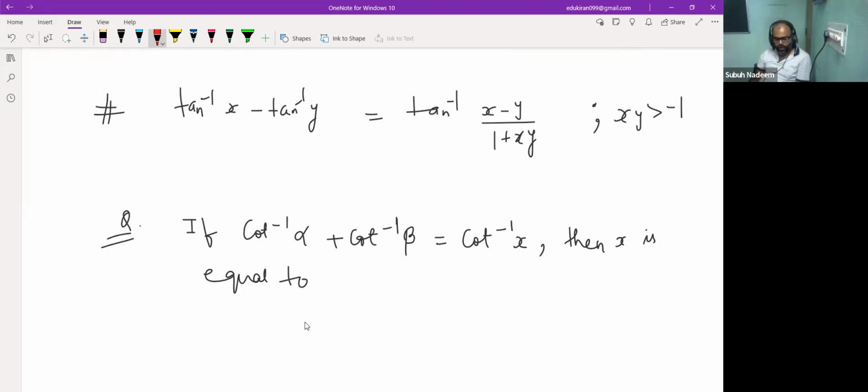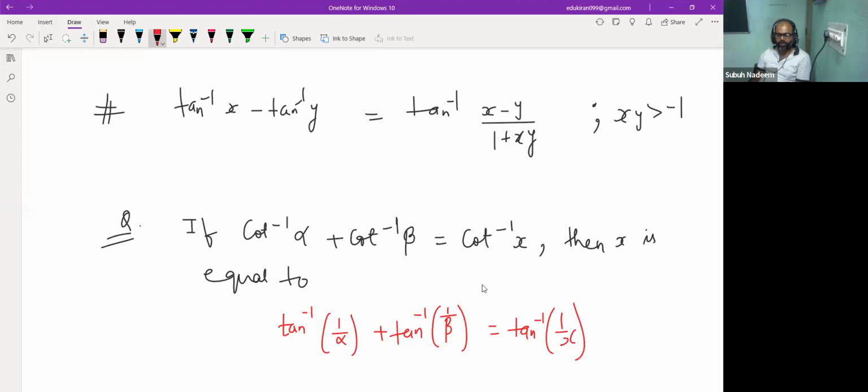So we'll get tan inverse of 1 by alpha plus tan inverse of 1 by beta is equal to tan inverse of 1 by x. You do like this. Though it is not always true, it is true when x, alpha, beta are positive. So we are considering it to be positive here.